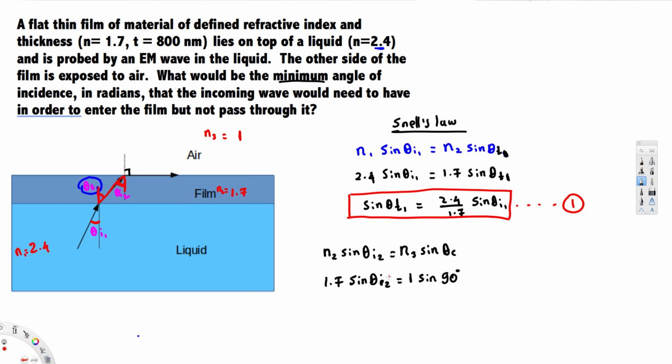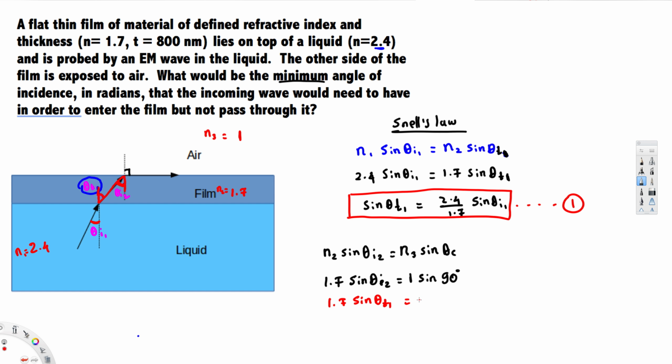Therefore, instead of theta I2, I can write 1.7 sine theta T1. This is useful because we can plug in equation 1 for sine theta T1. So 1.7 sine theta T1 is equal to sine 90 degrees, which is just 1.